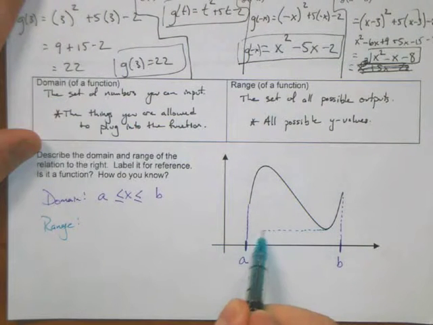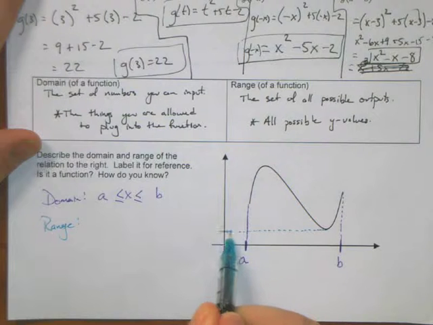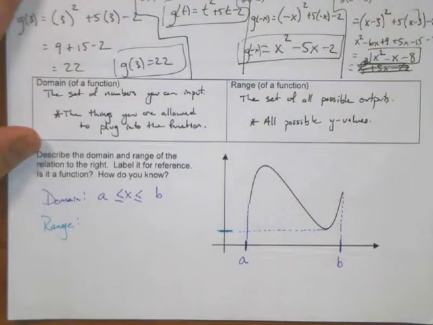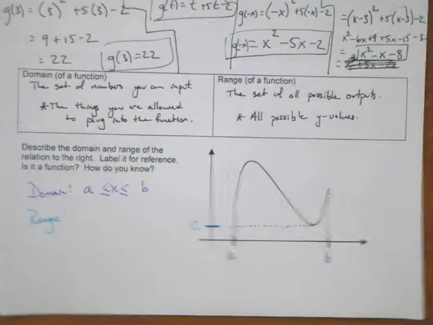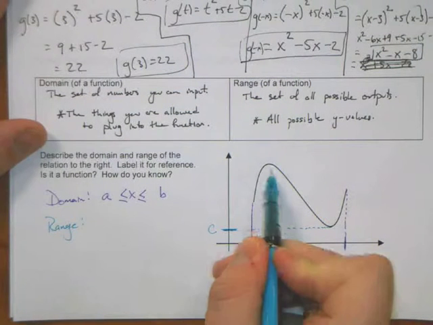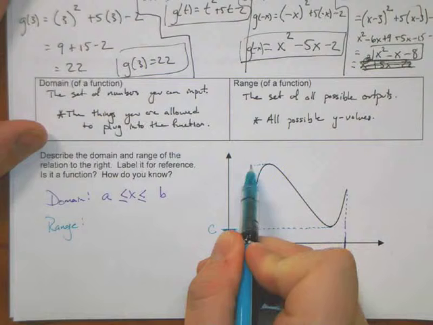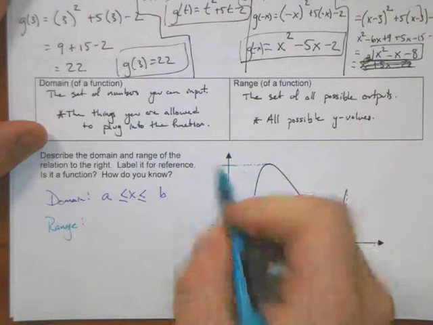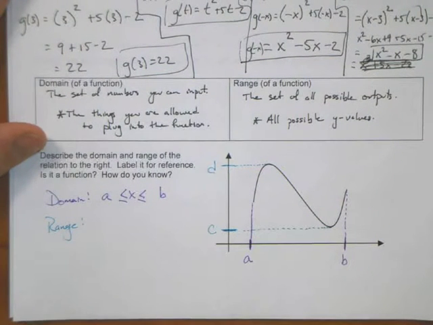So I need another letter that's not A or B. C. Oh, we're real creative today. C. And then where do you think the biggest y we're going to get back out is? With this little crest thing here. Go out on a limb and say we're going to go D.